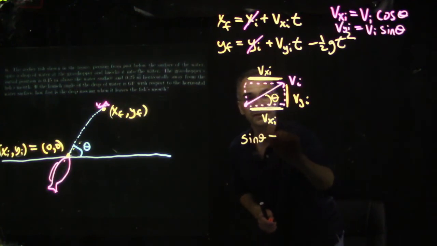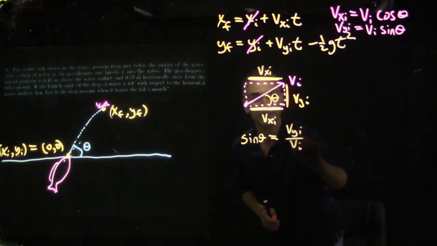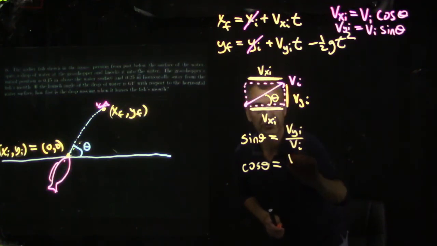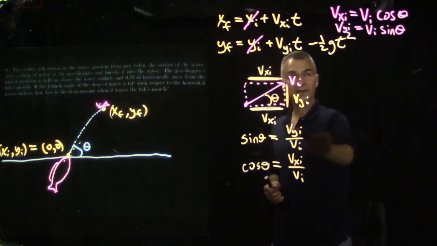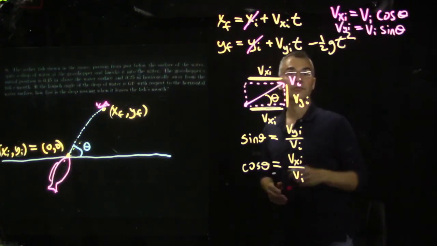Sine theta is opposite over hypotenuse, so that's vy initial over v initial. Cosine theta is adjacent over hypotenuse, so that's vx initial over v initial. And so that gives us vy initial is v initial sine theta, and vx initial is v initial cosine theta.